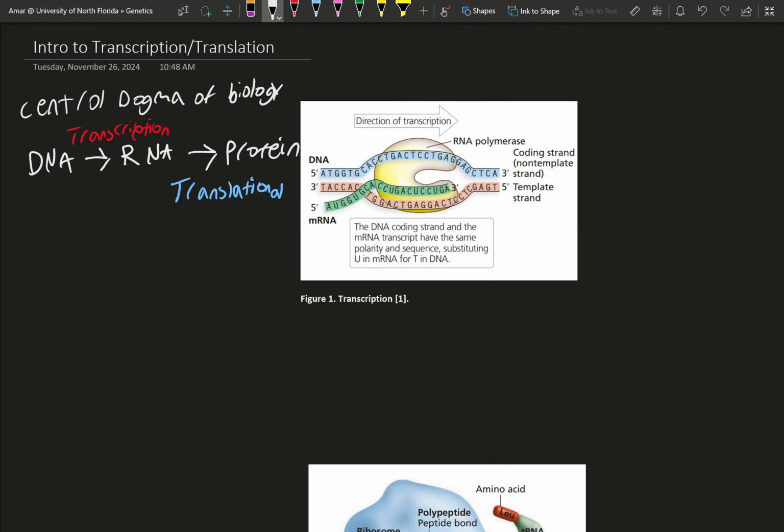Another thing to go over is that some viral particles are only composed of RNA in their genomes.